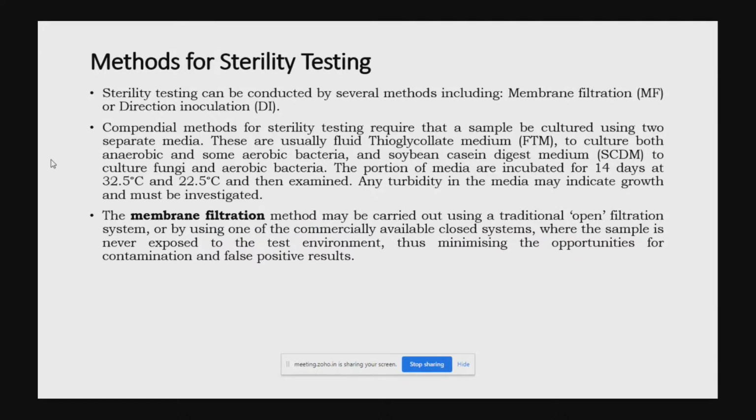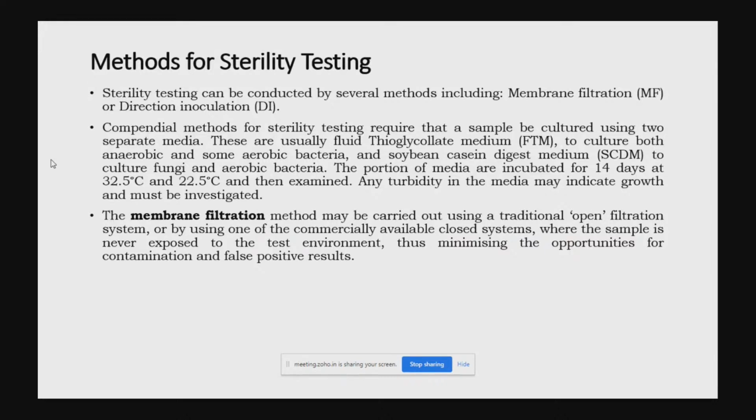So in the sterility test, how can we perform the test, what kind of media are we utilizing, and what are the incubation conditions and duration of the incubations, right? In the sterility test, first of all, two types of media are utilized. One is SCDM, soybean casein digest medium, and another one is fluid thioglycolate medium.